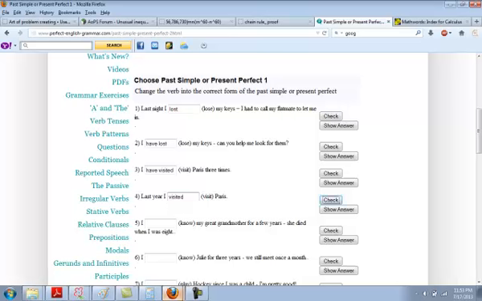It doesn't have any connection to the present, and it's in a finished period of time. I knew my grandmother for a few years. She died when I was 8. If we say I have known, it means that it has an effect on the present, but also my memory is foggy from early childhood, so the correct answer is knew, not have known.